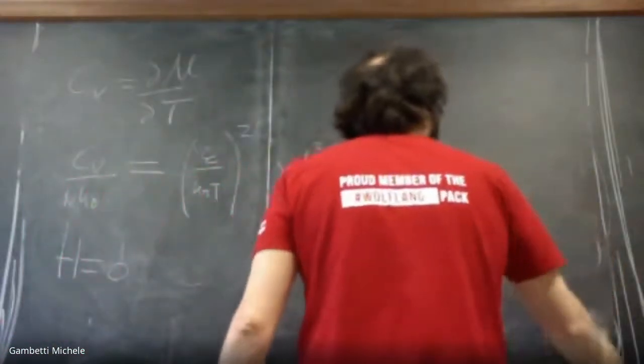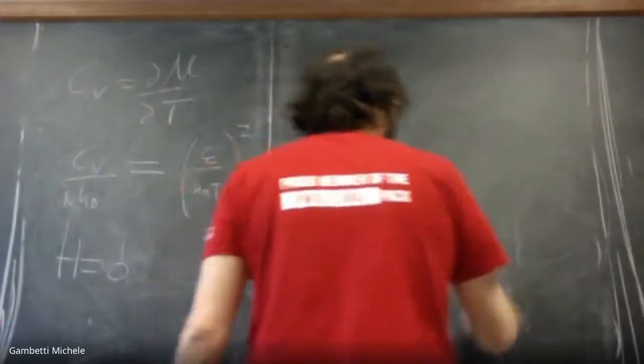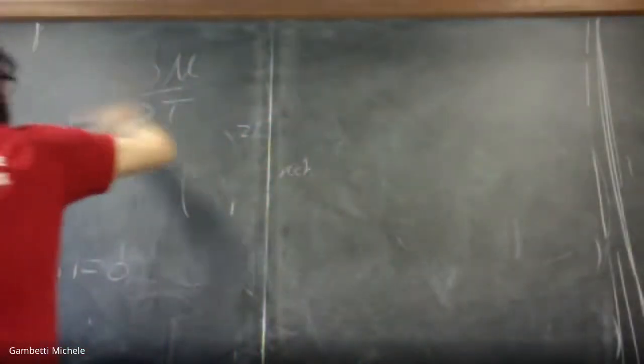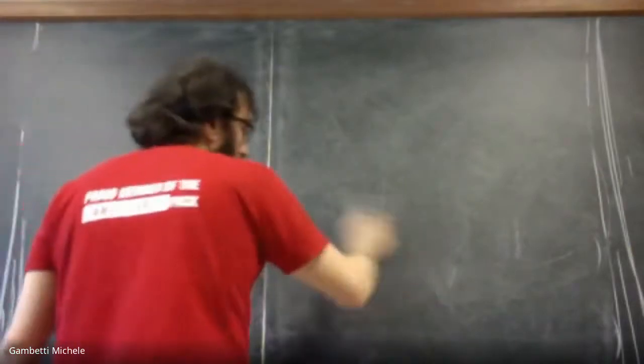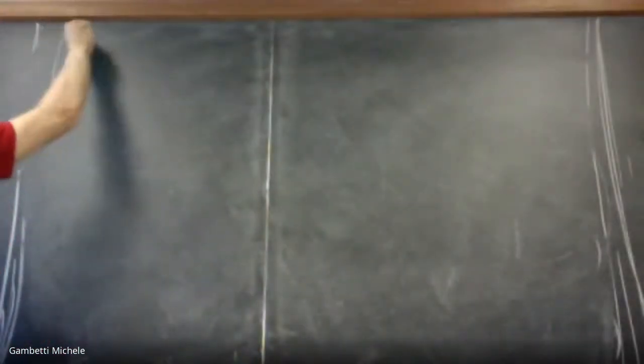So the dimensionality of the system and the presence of critical phenomena or phase transition are strictly connected. Now, what we do next is to do the Ising model for larger dimension.